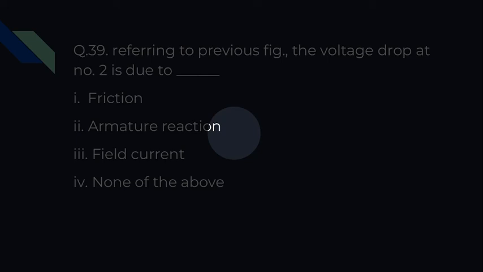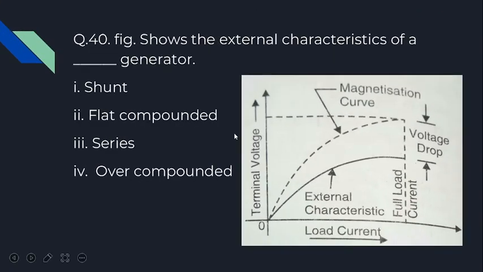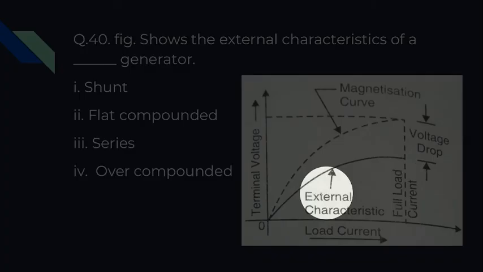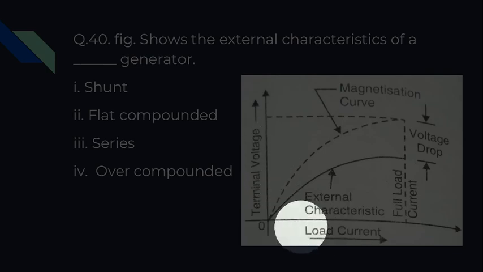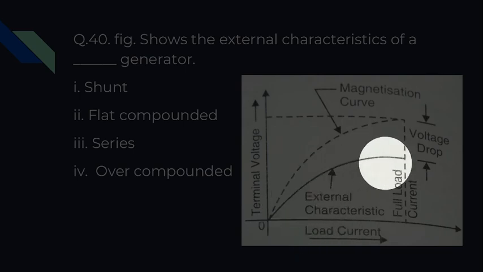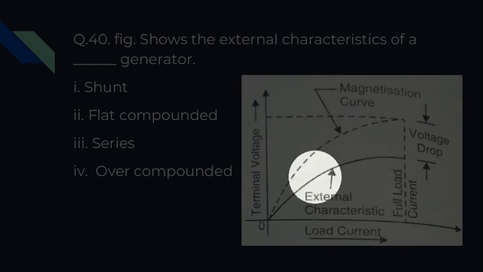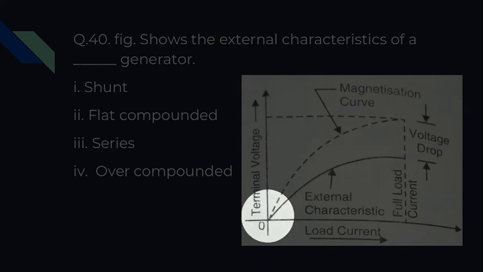Now let's move to the last question for today's session. The given figure shows the external characteristics of a dash generator. So this characteristic is representing which generator? See, the terminal voltage is 0 when the load is 0, and when the load increases, the terminal voltage also goes on increasing. So this is representing the characteristic of a series generator.